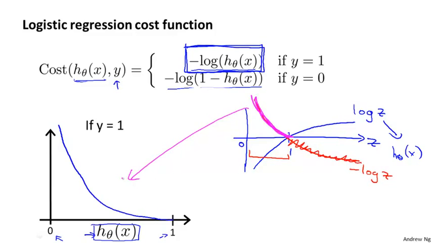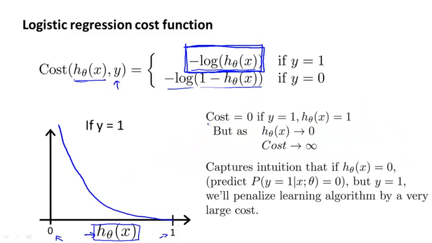Now, this cost function has a few interesting and desirable properties. First, you notice that if y is equal to 1 and h of x is equal to 1, in other words, if the hypothesis exactly predicts h equals 1 and y is exactly equal to what it predicted, then the cost is equal to 0, right?